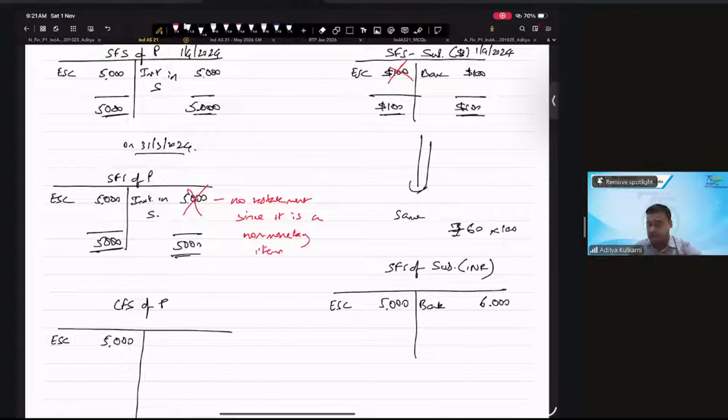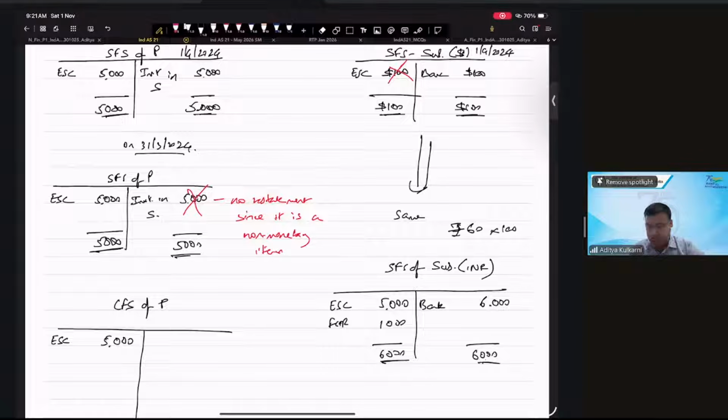This is a converted rate. So this difference, what is it? Will it be a foreign exchange gain or will it be an FCTR? FCTR sir. This will be an FCTR because this is in the nature of equity. This is in the nature of equity share capital. So this will be a foreign exchange translation reserve of 1,000.